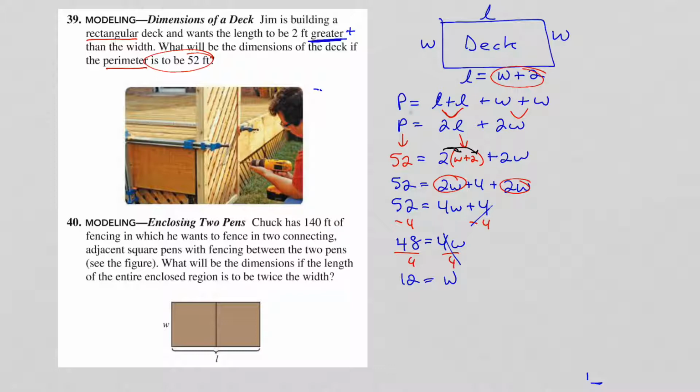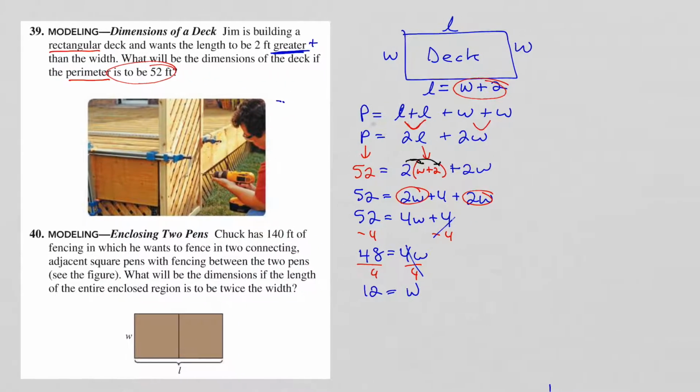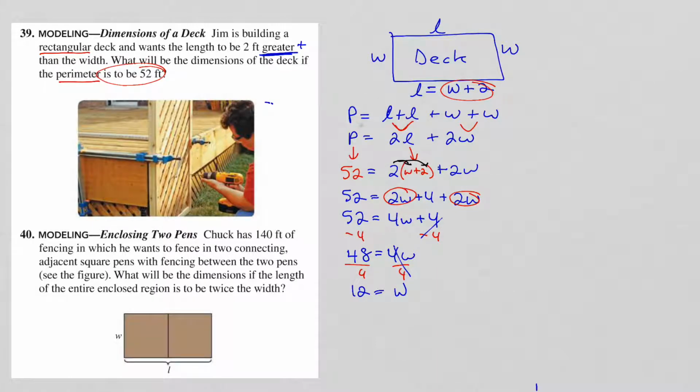All right, so what are these dimensions now? So we can say, hey, I just found the width, and we're going to need to find the length as well. So the width is going to be 12 what? Well, we've been using feet the whole time, so this is 12 feet.